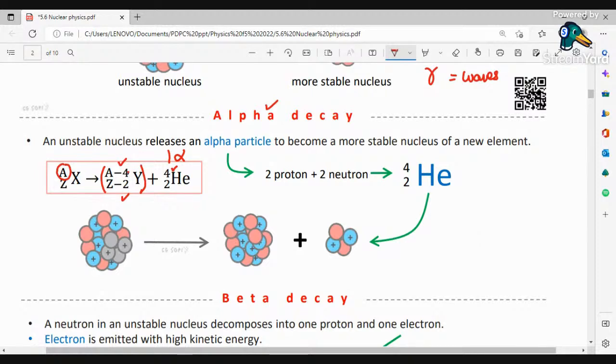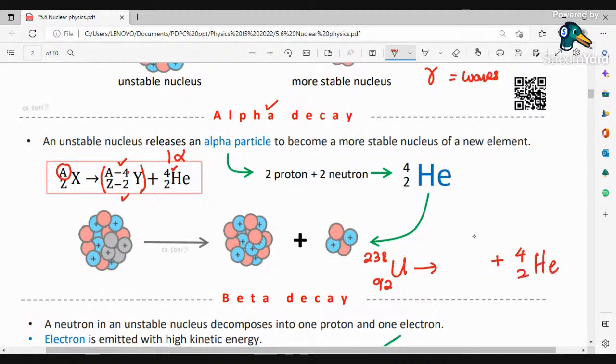Okay, alpha decay. Example we have for this process, we have uranium 238, 92. Ini nuclide notation untuk uranium. Release out 1 alpha, 4 2 He. Okay, what happened?